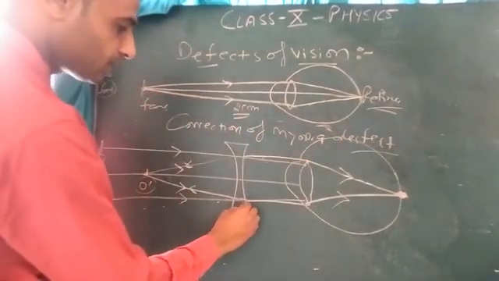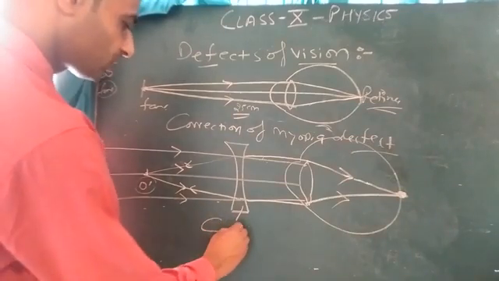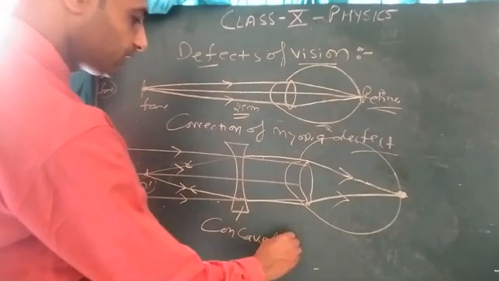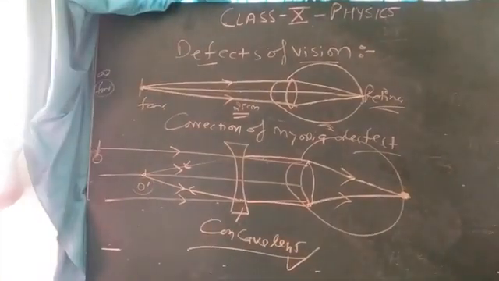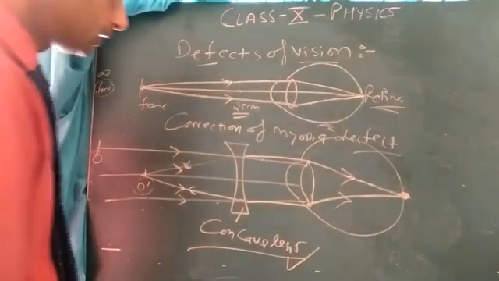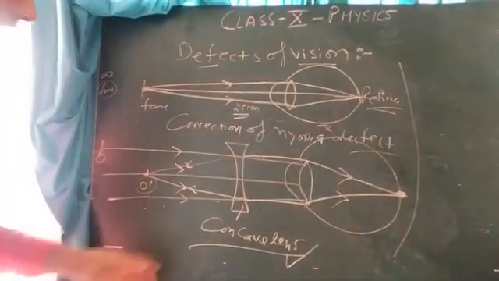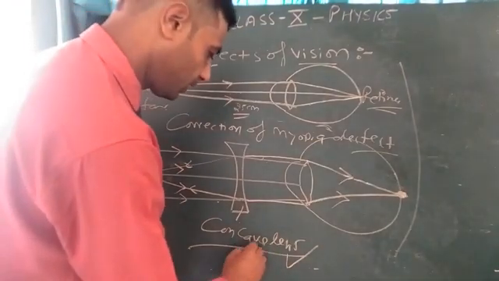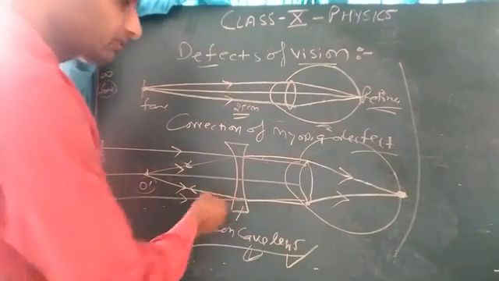Okay, it means we can correct the myopia defect by using a concave lens. Clear? And we can find the focal length or power of this concave lens.